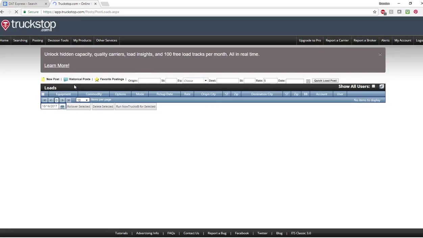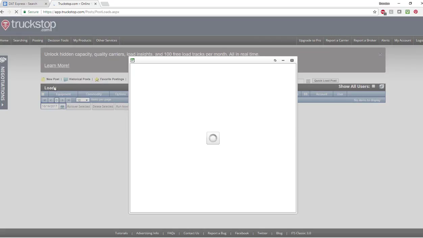Okay, so let's say we're going to go to new post here and post this load just like we did on DAT. All right, it's taking a minute to load here, but as soon as it loads up, we'll plug that information in and show the difference in posting on Truck Stop and DAT.